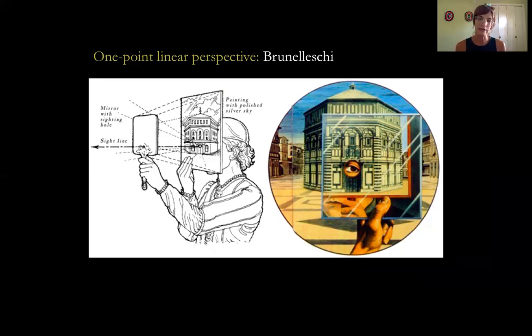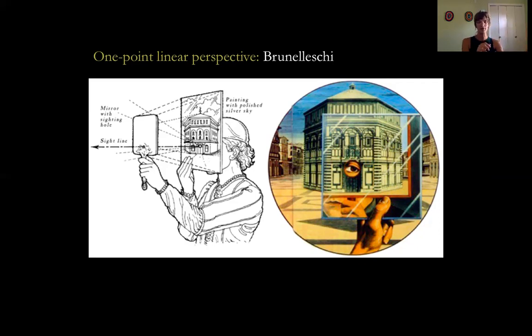He created a painting of the baptistry. As you see here, this is an important building at the center, right in front of the Duomo in Florence. Then he took a mirror, cut a hole in his painting, and looked through his painting at the mirror, so he could see his painting in the mirror.